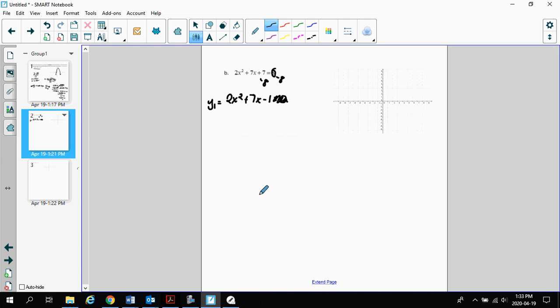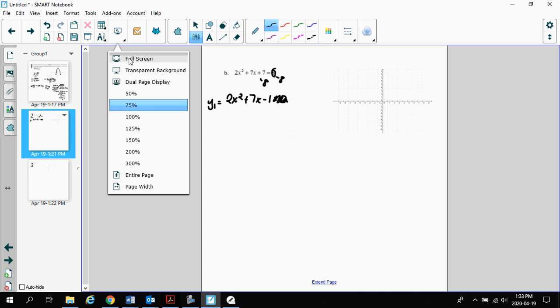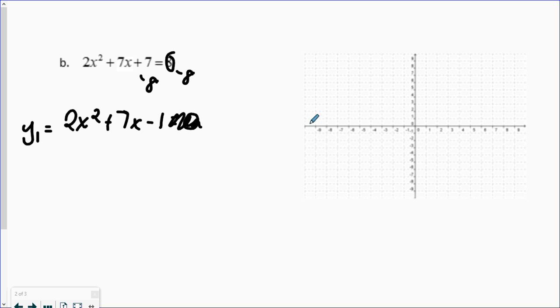So going back, hopefully you've graphed it into your calculator and you get a graph that looks something like this. I know that my y-intercept is going to be at negative 1, because your c value is always your y-intercept. Then just getting an idea, it looks like my maximum is somewhere around x equals -2, a little bit less than that.